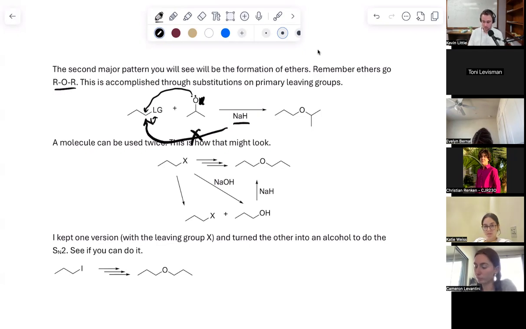So it's a safe base to use for these reactions, right? One of the problems with bases is that they look and act like nucleophiles a lot of times, but sodium hydride in particular just won't. It's a very bad nucleophile. It only acts as a base. So this takes the hydrogen and you do the SN2.